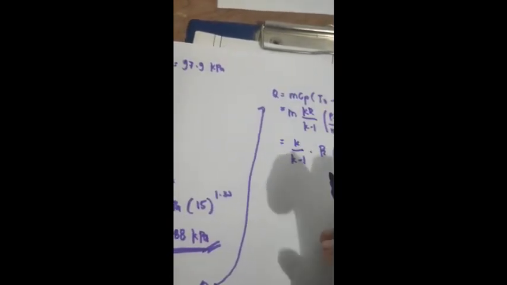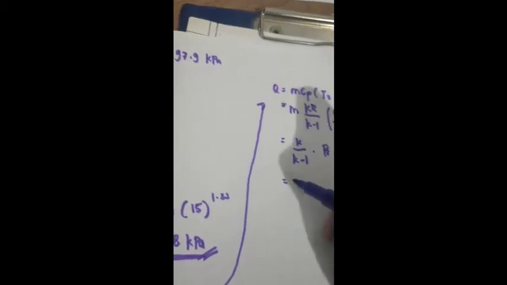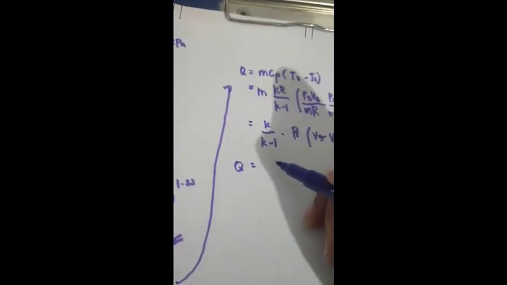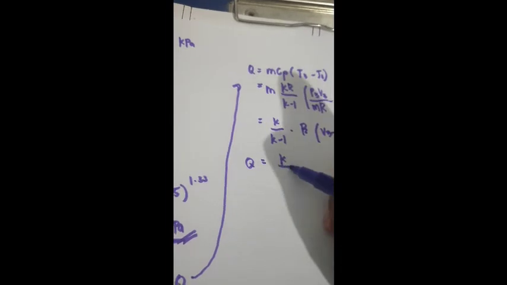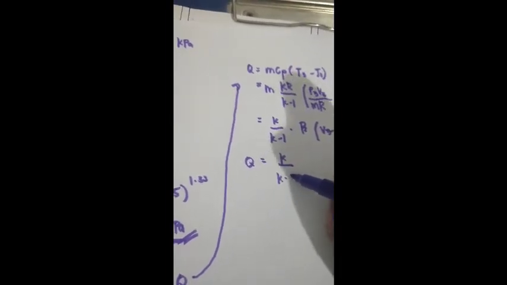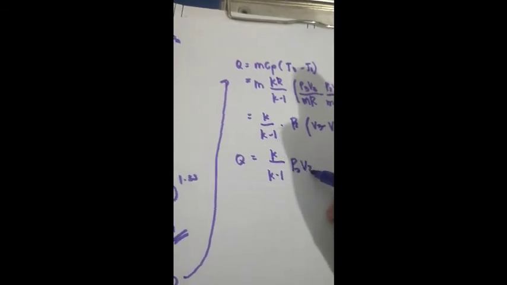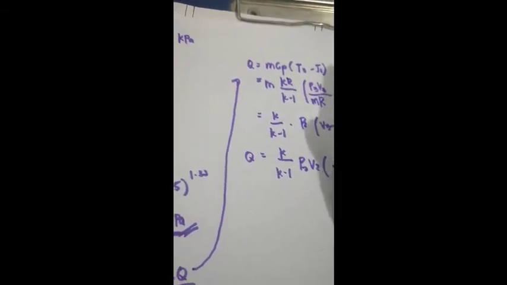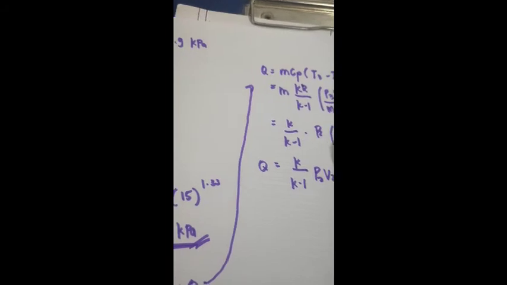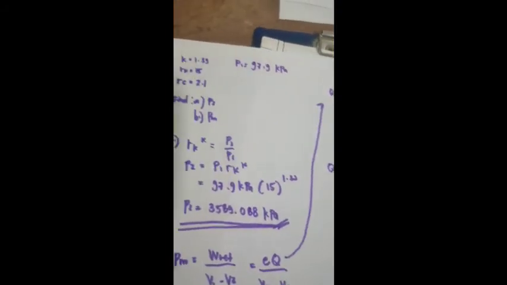So to finalize this, Q is equal to K over K minus 1 P2 V2 times Rc minus 1.